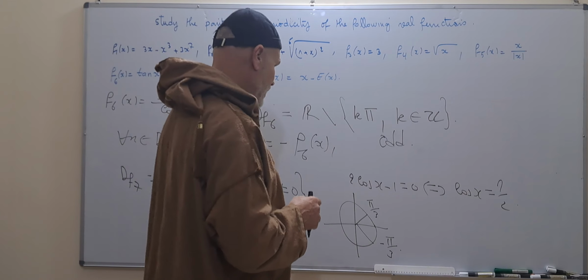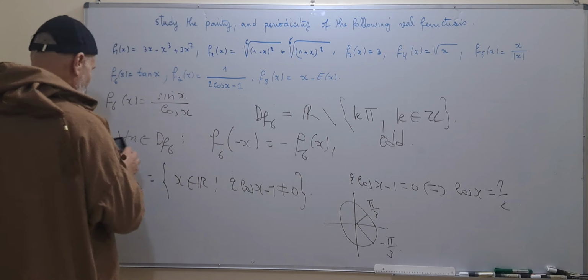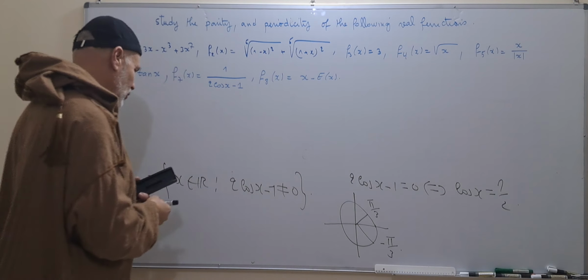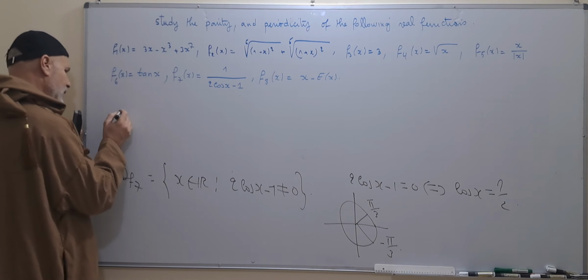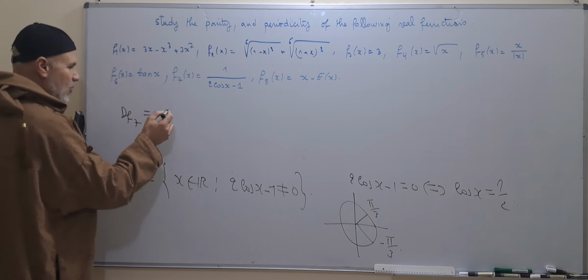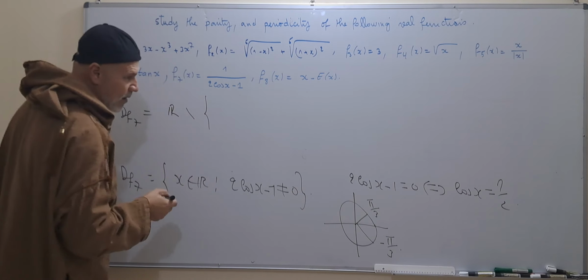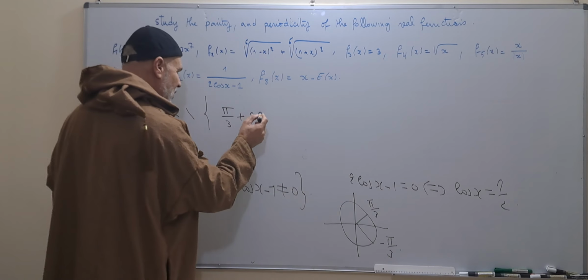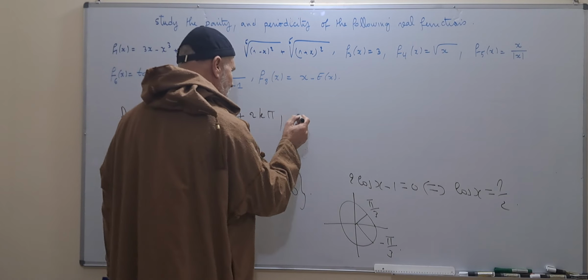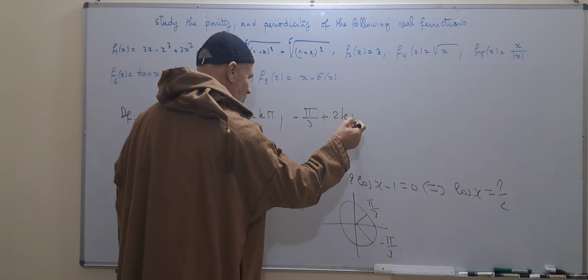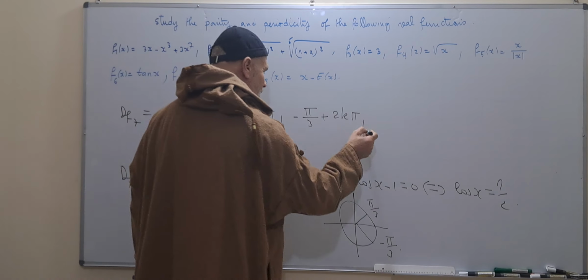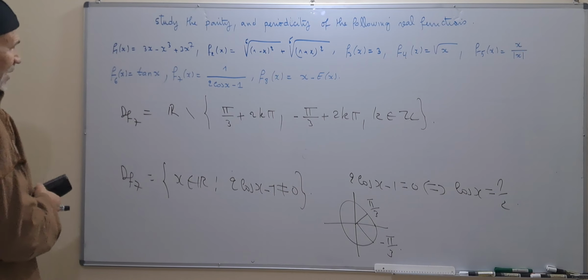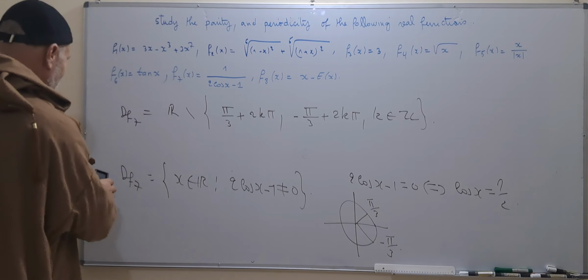This means that the domain of definition of f7 is equal to R minus pi divided by 3 plus 2k pi, and minus pi divided by 3 plus 2k pi, such that k belongs to Z, which is symmetric.